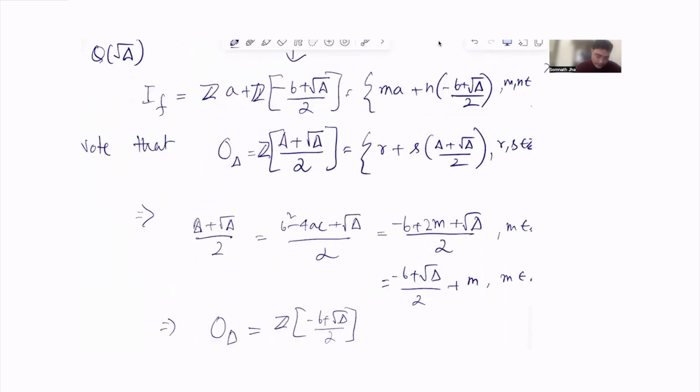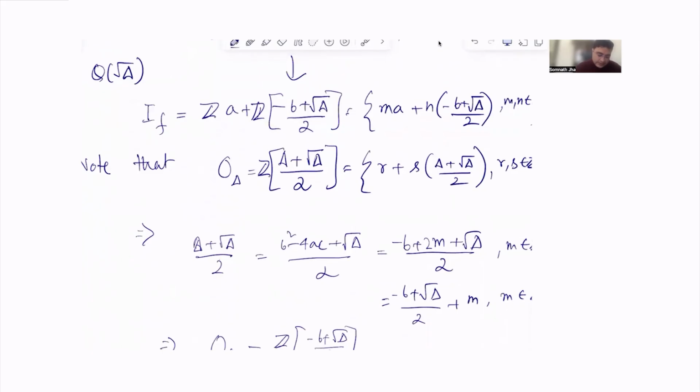Okay. So notice that (Δ+√Δ)/2 is (b² − 4ac + √Δ)/2.